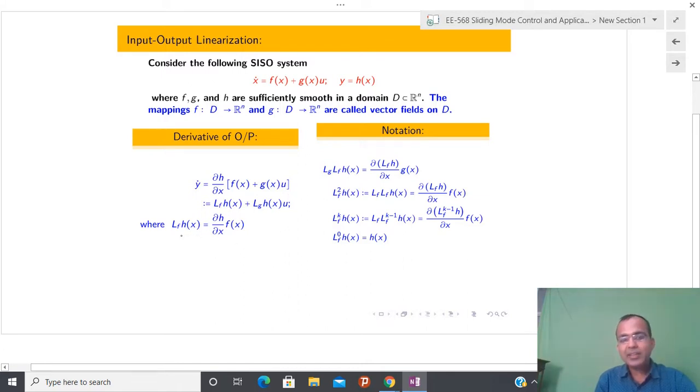Again, what we have observed is that I am going to calculate the derivative of something along f(x). Is f(x) a scalar or a vector? Vector. So h(x) is a scalar, but it is a multivariable function, x belongs to Rn. So I am going to see the rate of change of this particular h(x) along f(x).